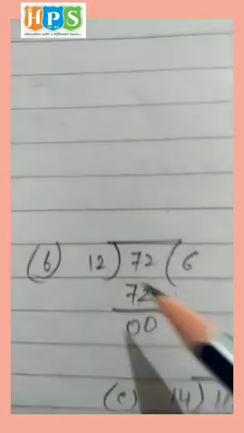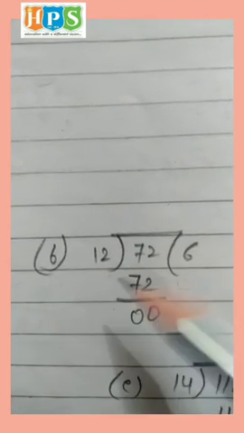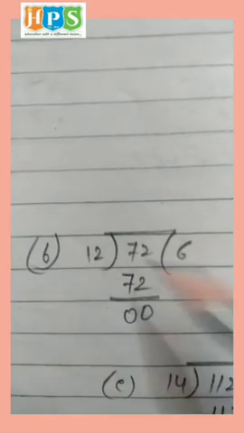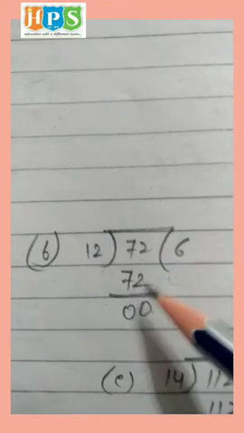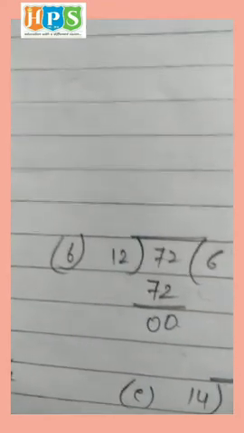Question second. 72 divided by 12. 12 6 is 72. 2 minus 2, 0 and 7 minus 7, 0. Okay.